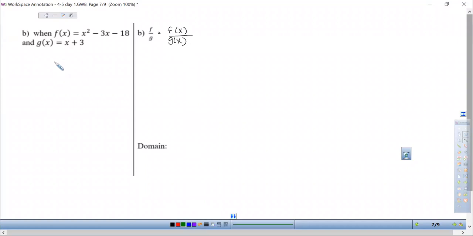So I noticed that for this one, f of x is my quadratic, x squared minus 3x minus 18. Remember, like the last one, if we have quadratics, we will have to factor them. G of x is x plus 3. That's linear. I cannot factor that. So I know that my denominator is just going to stay x plus 3.